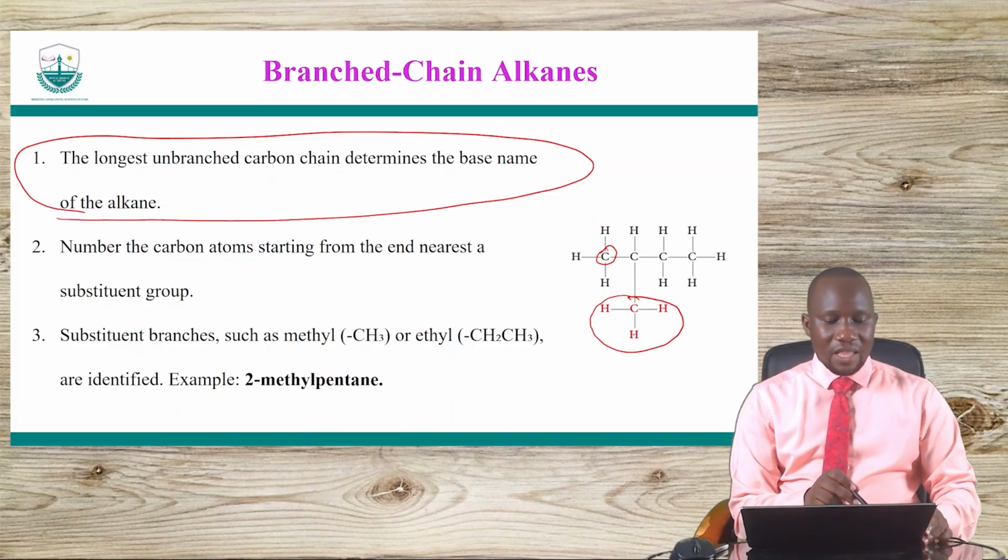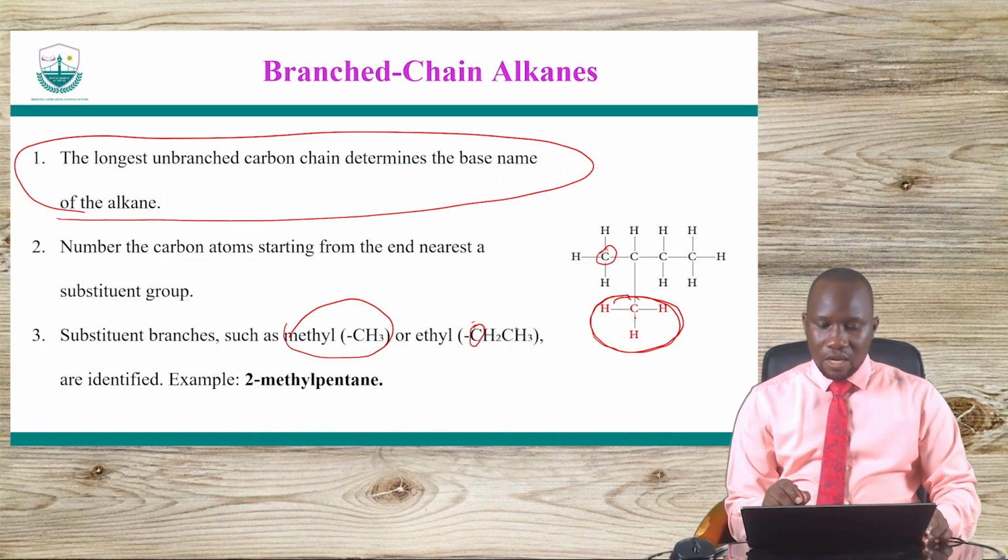And then the other thing is you give the name of the branch. That branch here has a name. In this case, it is methyl because it has 1 carbon. If it is 2 carbon atoms, like this one, this is 1, and this is 2, then it is ethyl.